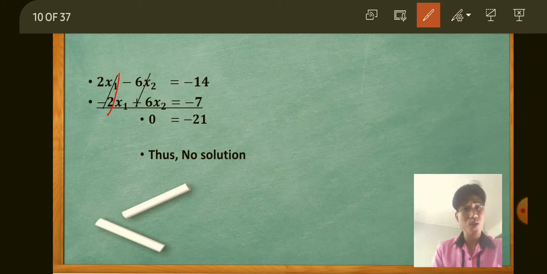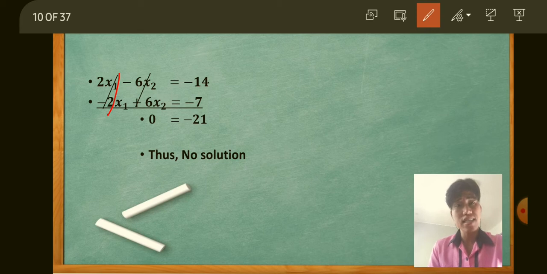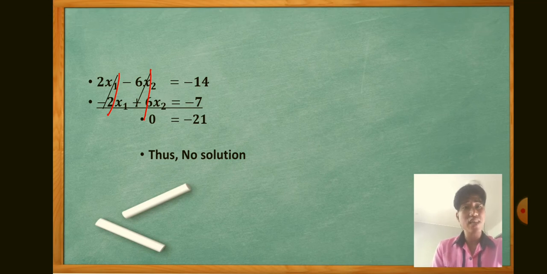However, the x2 is also the same, so we can also cancel x2. So here, the variable is 0. 0 is equals to negative 14 plus negative 7, which is negative 21. If the variable is 0, the equation has no solution. There is no solution in the equation.